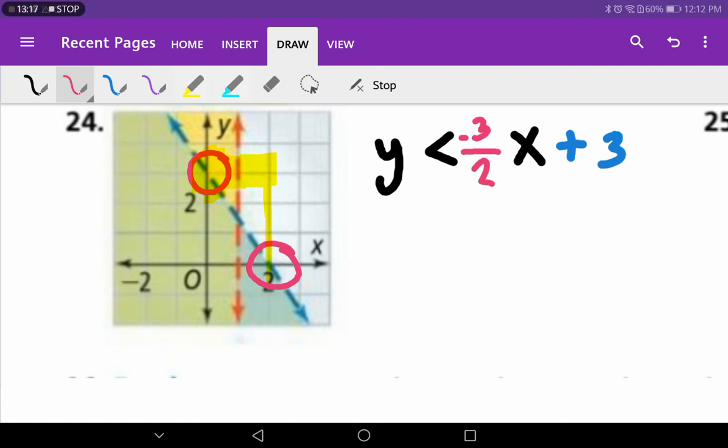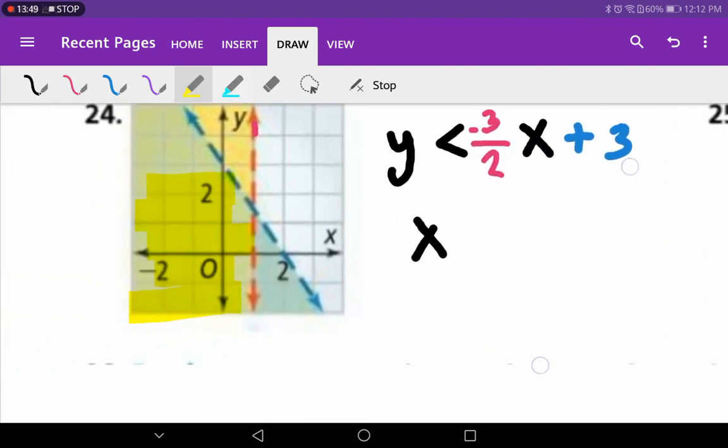Now, the second line, this one. It is the easiest one, okay? Because it intersects with the x, you have to write x this time. And see the area of the solution moves to the left.